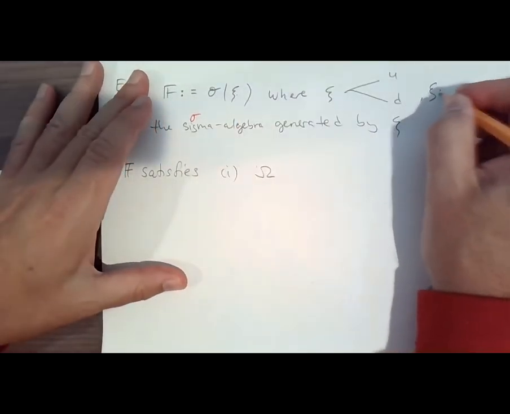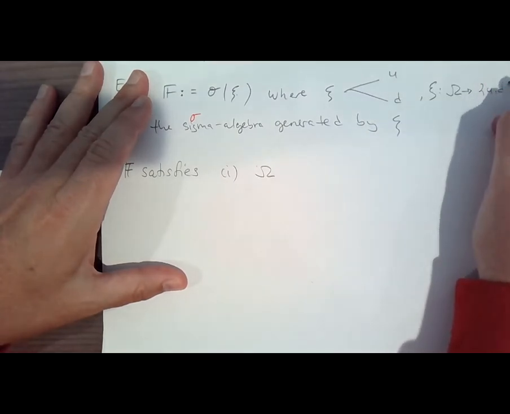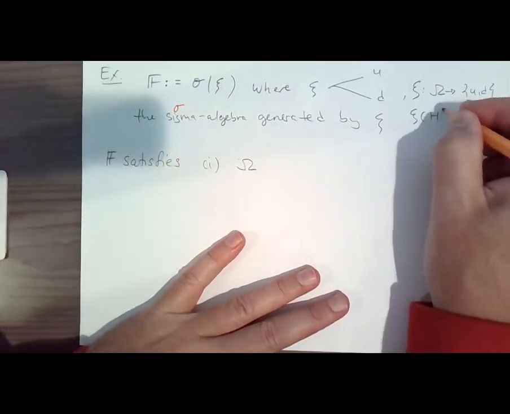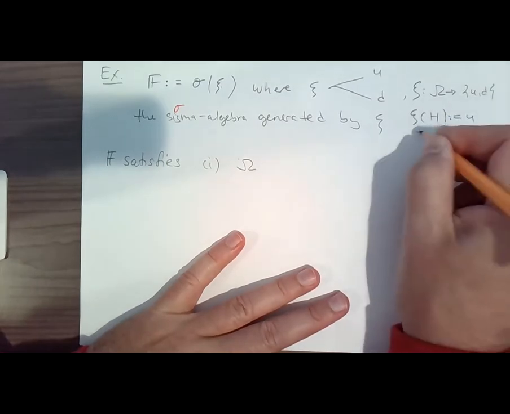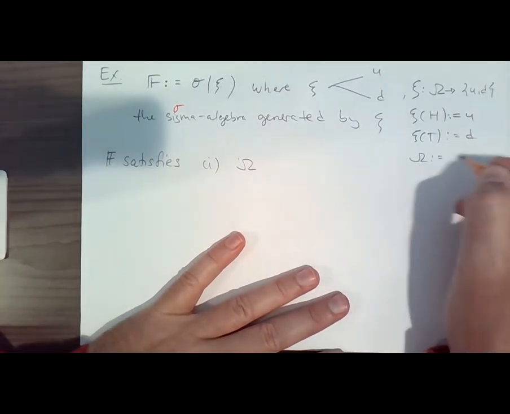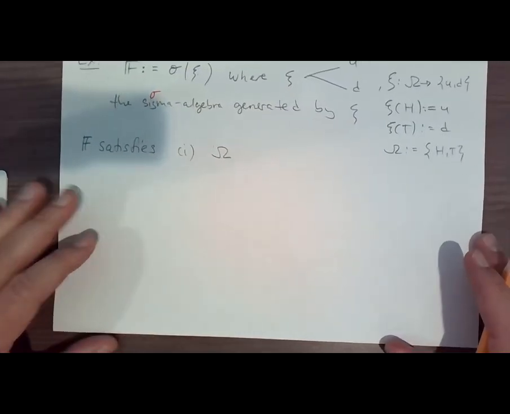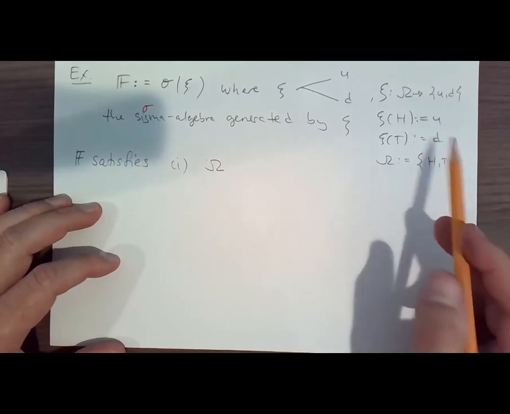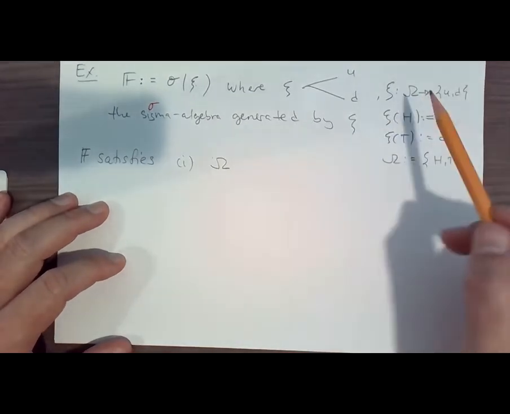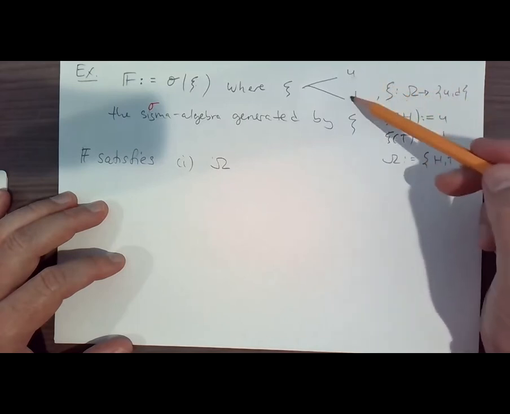Psi is a function that goes from omega, and it takes two values, U and D. So we will have that psi of heads would be U, and psi of tails would be D, and my omega would be heads and tails. So there are two possibilities: you can either go up or you can go down. So it's a function, the domain is omega, and the codomain, the image, in this case consists of only U and D.